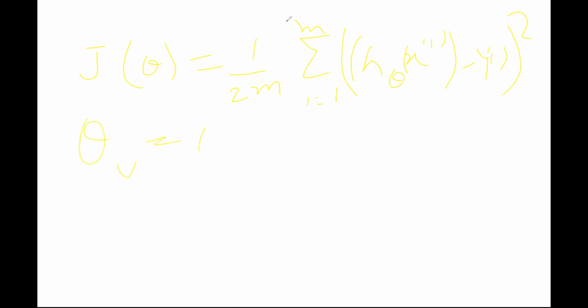Theta j will become the previous value of theta j minus alpha into the partial derivative of J of theta with respect to theta j, whichever theta we are applying. So this was my simple one.